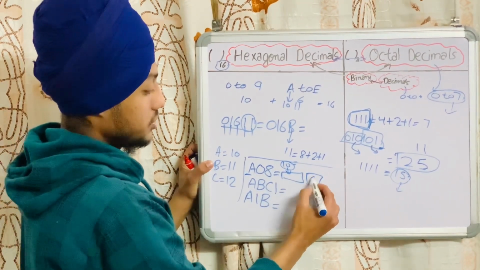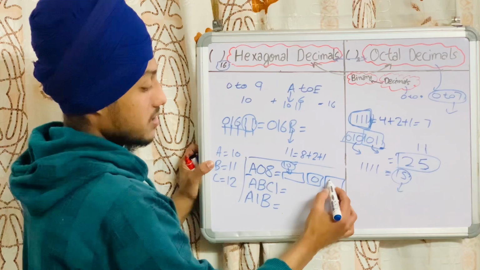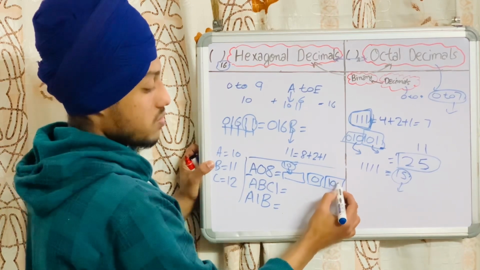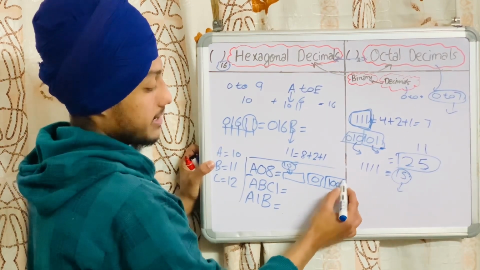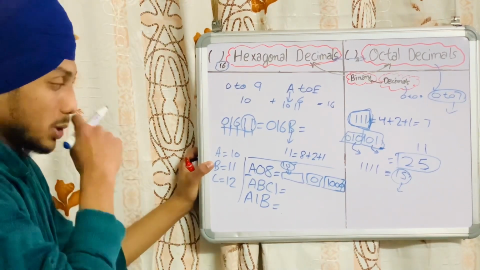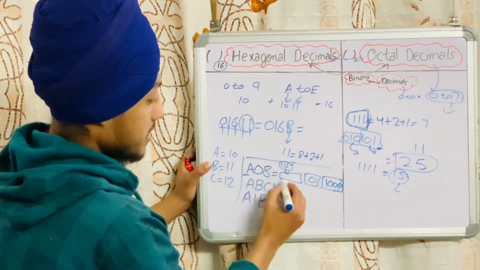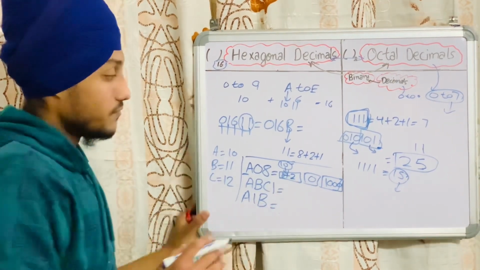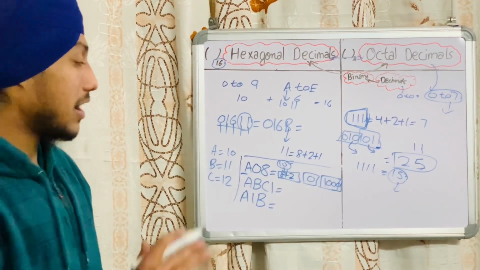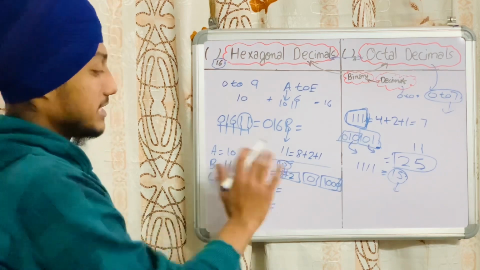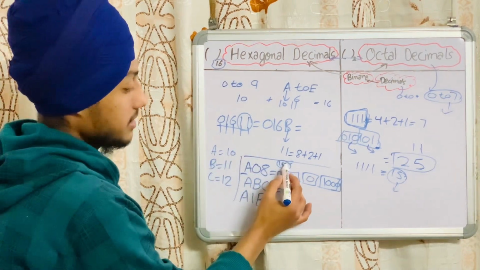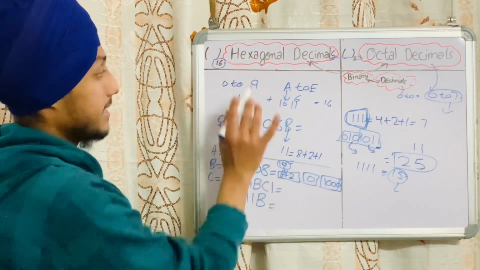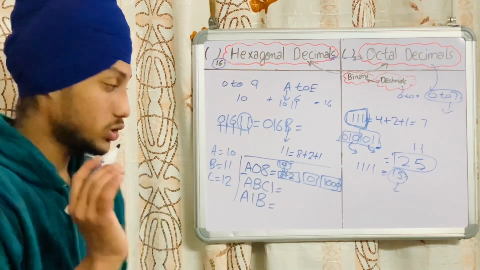So 0 is 0, 8 is simply 1, 0, 0, 0. This is going to be 8, and this is going to be 8 plus 2. 10 is 8 plus 2, because we have already discussed how we convert from the decimal system. In decimal it is 10. Hexadecimal A denotes 10.